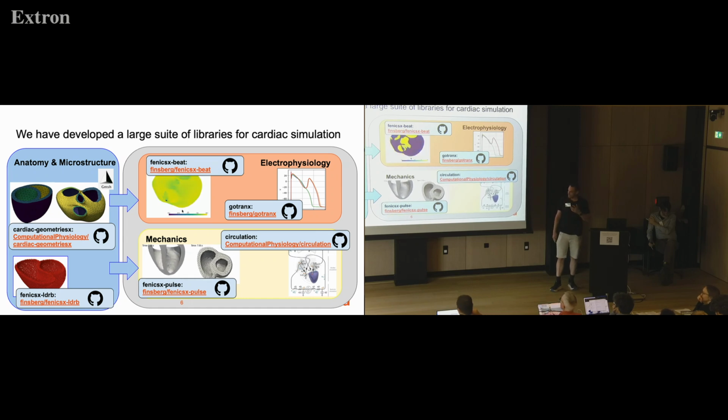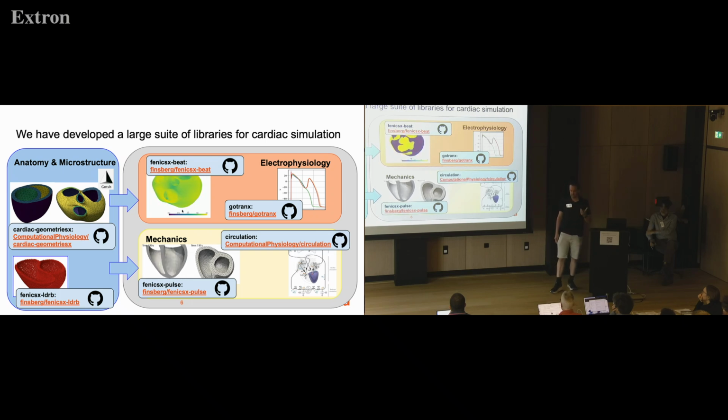Then we have FEniCSx-ldrb for creating cardiac muscle fiber orientations, which is used for characterizing the material properties in the heart. For tissue level electrophysiology simulations, we have something called FEniCSx-beat, and for code generation of single cell models in the heart, we have something called gotranx.